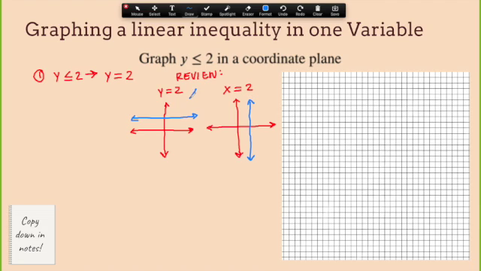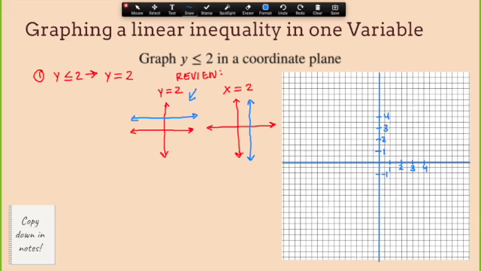So that's the first step that I want to do. I want to graph y is equal to positive 2, since I know how to graph that out. So I have here my y-axis. Here is my x-axis over here. And then these are the points. I have 1, 2, 3, 4. 1, 2, 3, and 4.